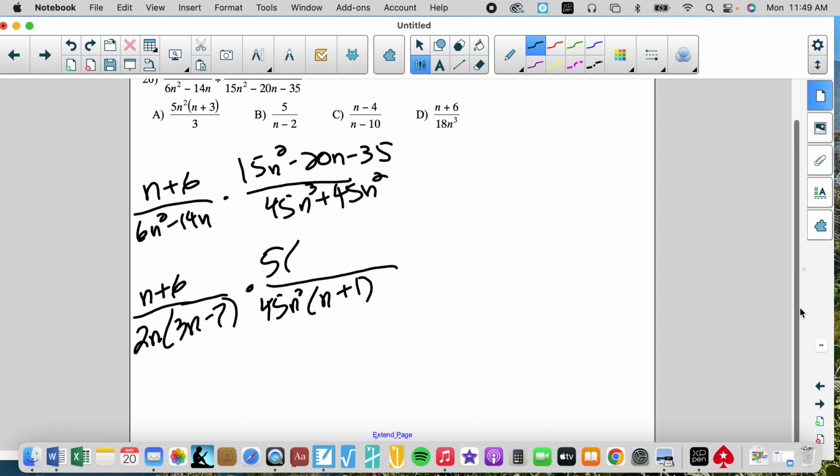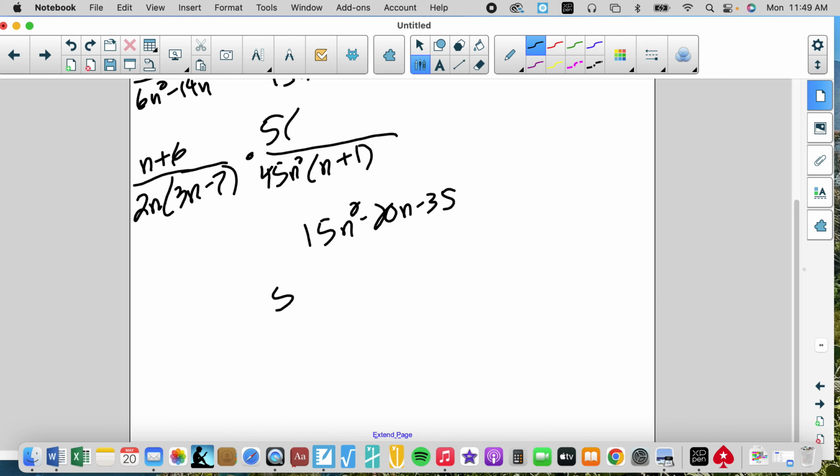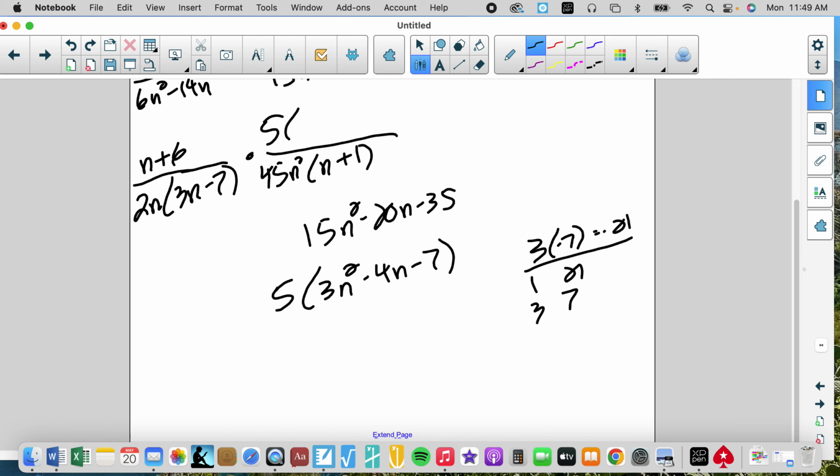We can factor out a 5. Now we have to factor the rest of that. So we got 15n squared minus 20n minus 35. Factor out that 5. 3n squared minus 4n minus 7. 3 times negative 7 is negative 21. 1 and 21, 3 and 7. That's it. Signs are different. Bigger is negative. So 5 times 3n squared plus 3n minus 7n minus 7.